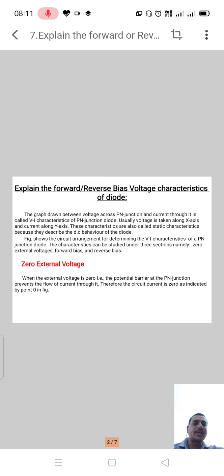Next one, the cut-in voltage is 0.3 volts for germanium, 0.7 volts for silicon. Next one, the reverse saturation current doubles for every 10 degree Celsius rise in temperature. And forward resistance is in the order of ohms, the reverse resistance is in the order of mega ohms.